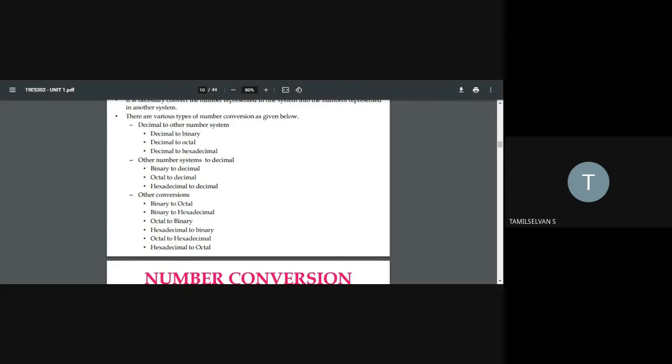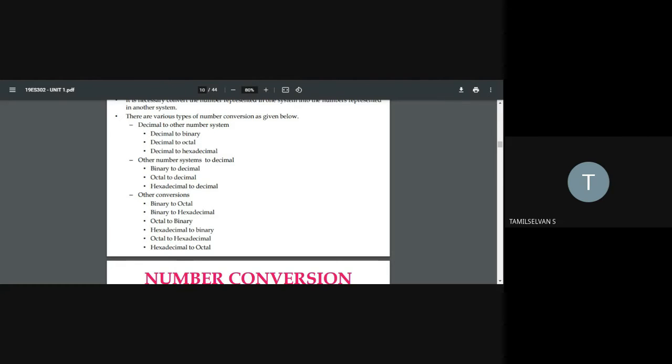So what kind of methodology is used for these conversions? First, take octal to hexadecimal. First the octal value is converted into a binary value, and that binary value is converted into a hexadecimal value. So the intermediate step between octal and hexadecimal conversion is a binary value.